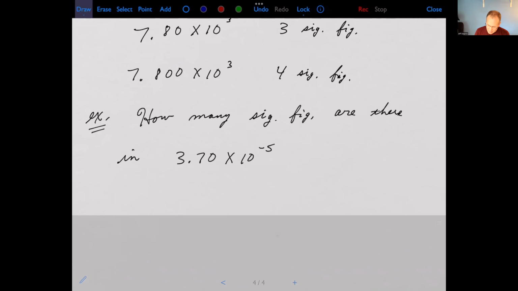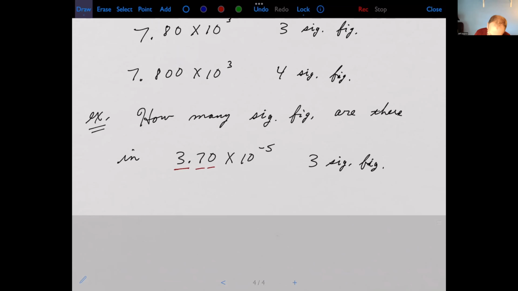Okay, so if you look at this number, we only have to look at the actual number here. We don't have to look at the power. We don't have to look at 10 to the minus fifth, just this number. And since I wrote it out as 3.70, all of these are significant. Remember, a 0 to the right of the decimal after all the numbers is going to be significant. So this would be an example where you have 3 sig figs.